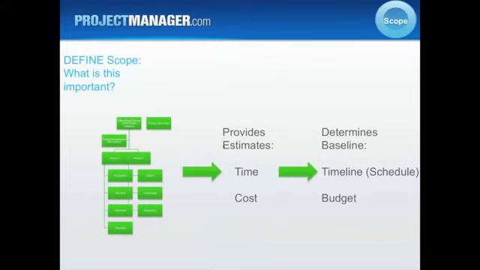So why do we want to define the scope? Why is it so important? If you see the diagram on the left-hand side indicating the deliverables diagram, the deliverables are the scope. When we produce the deliverables, we're producing what is produced as a result of the charter of the project.